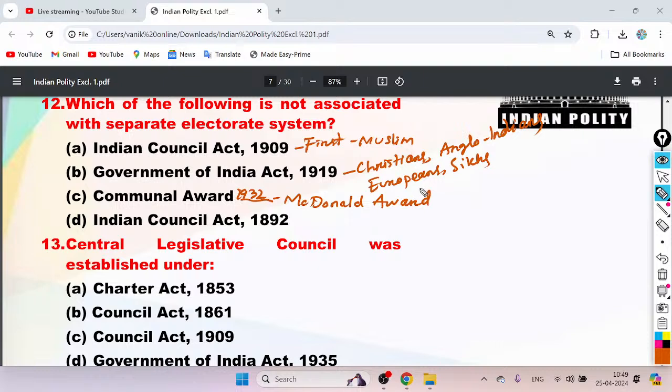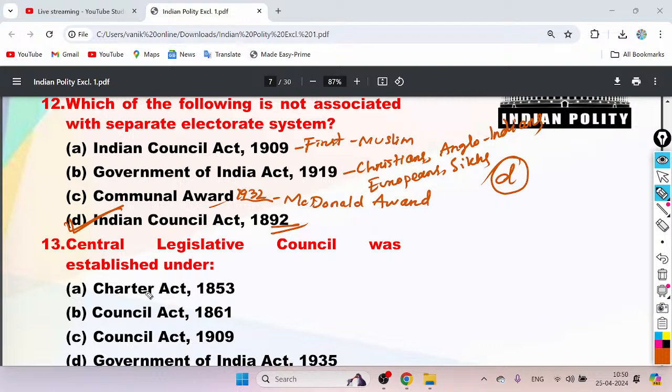This incident resulted in the Pune Pact, which was signed between Mahatma Gandhi and B.R. Ambedkar on behalf of the depressed classes. So the Communal Award is also related to the electoral system, but the Indian Councils Act 1892 is not related. It will be answer D.